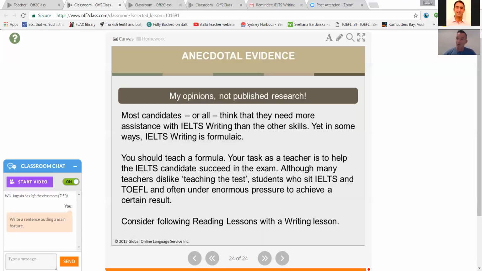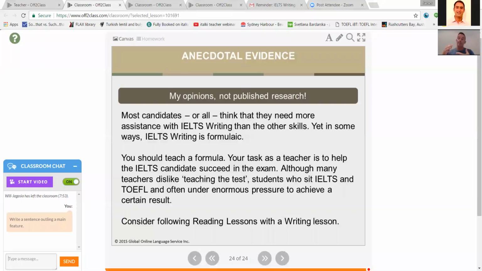Finally, the one thing I think that works really well with IELTS writing is reading. And this is another reason that I don't teach specifically a lot of vocabulary for the IELTS writing exam. Reading is a great way for students to look at new vocabulary and see it in context. And then I often follow an IELTS reading lesson with an IELTS writing lesson in which I might take the topic that we've read about, formulate a question, and then hopefully that will encourage the student to produce some of that language that we used in the reading section.